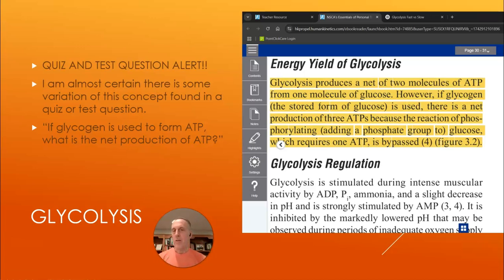I can guarantee you're going to see that test question somewhere else, 100%. So just understand that there's a slight difference in nuance in the verbiage and the way they ask the question, but it's all about glycolysis producing 2 net molecules of ATP from 1 molecule of glucose. However, if glycogen is used, there's a net production of 3 ATP.